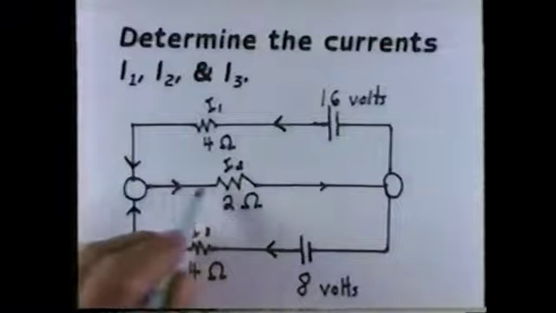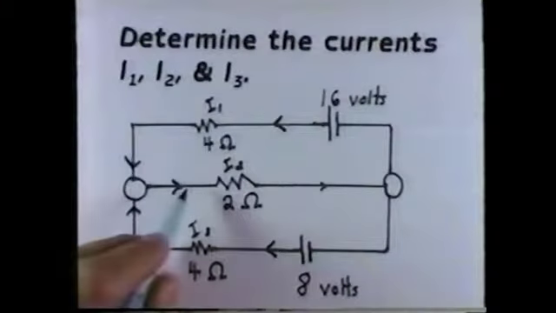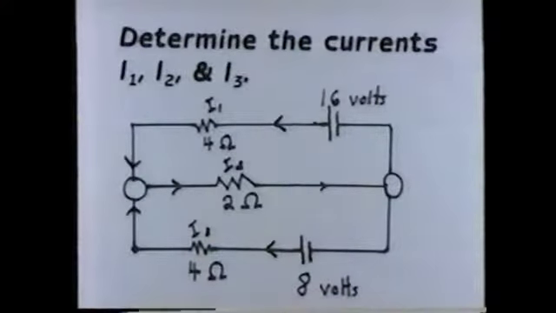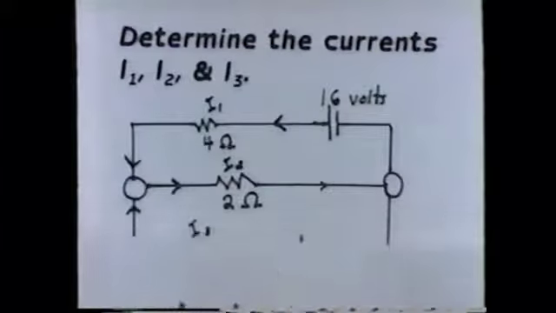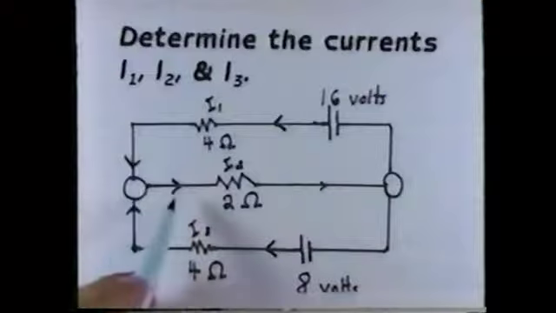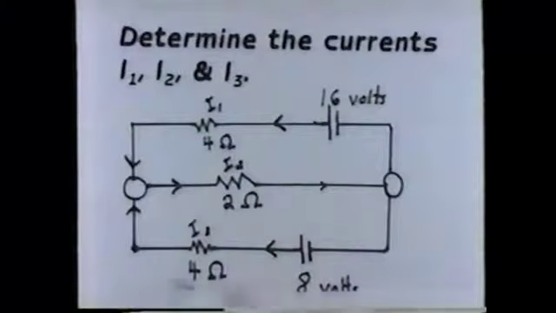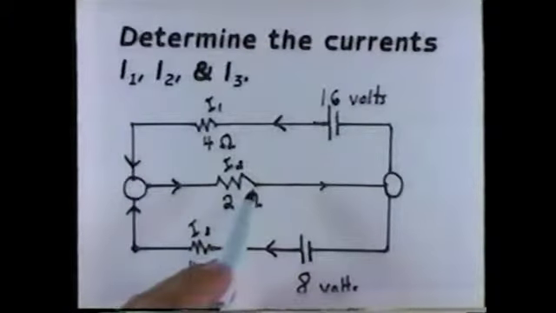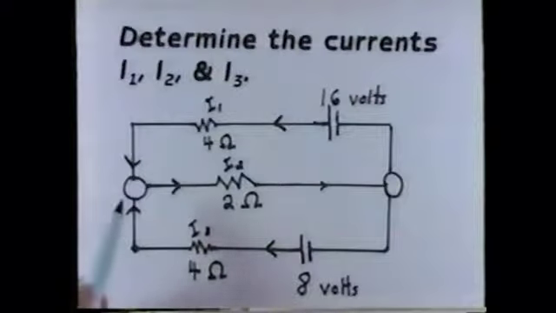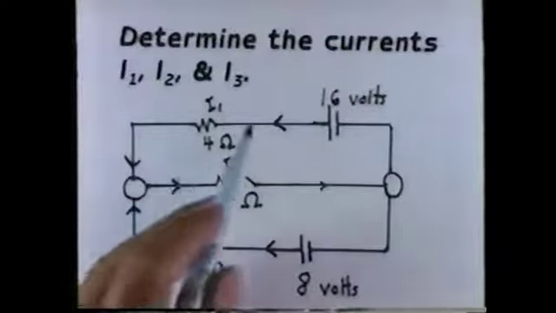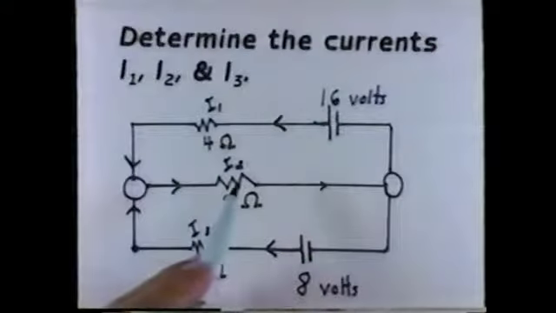What flows in must come out, and it's going to come out as I2. So that gives us the first equation, which is I1 plus I3 is equal to I2. I3 goes in, I1 goes in, and it comes out as I2. All that goes in must come out, so I3 plus I1 must be I2.